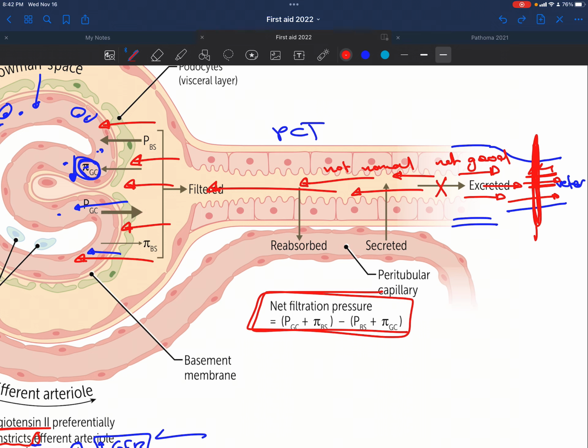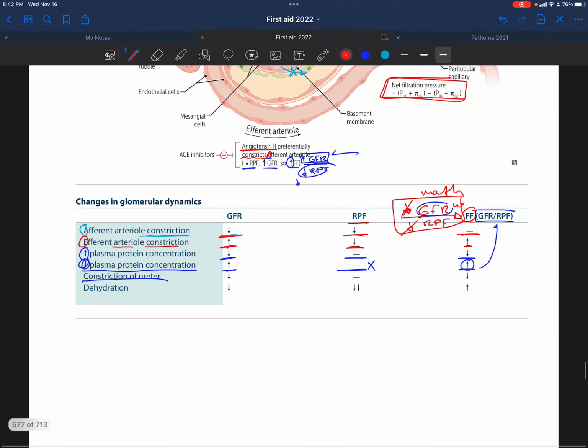Now, it's really hard for the blood to push its content into the Bowman's space, because the urine is back flowing into the corpuscle, into the Bowman's space. That's why the GFR is reduced.